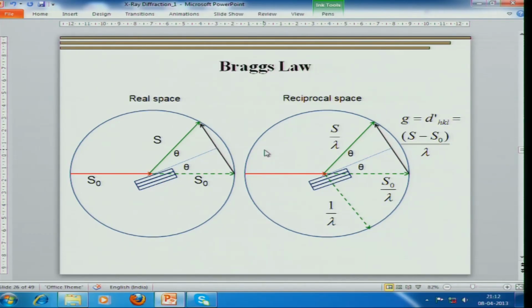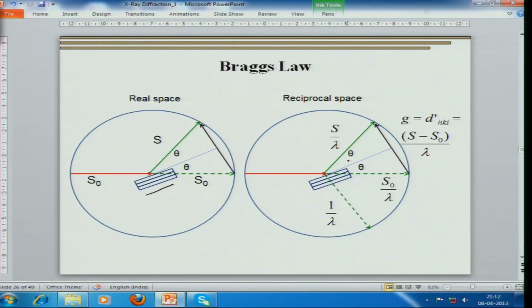So, this is how I have shown Bragg's law in the real space on the left hand side, wherein you can clearly see the S0 being the wave which is incident on the crystal, which gets diffracted in the real space. In the reciprocal space, the same thing, instead of talking about lens, we talk about reciprocal lens, and therefore we have this 1 over lambda term coming over here.